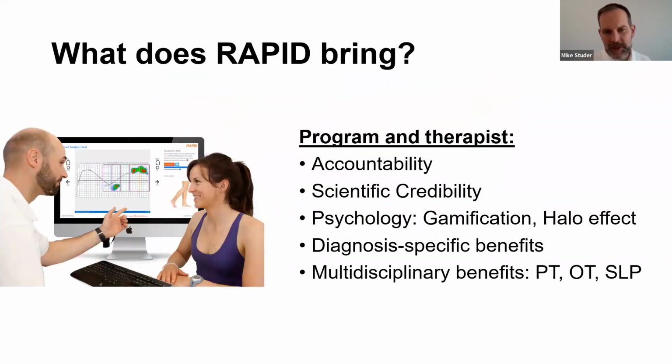All right, so what does Rapid bring and why would you need this for your practice? First and foremost, you might want to think practically about how Rapid can help your program and the therapists that participate in the program. Those might be your employees, your colleagues, or you yourself.